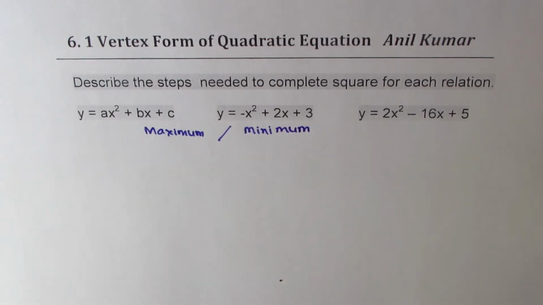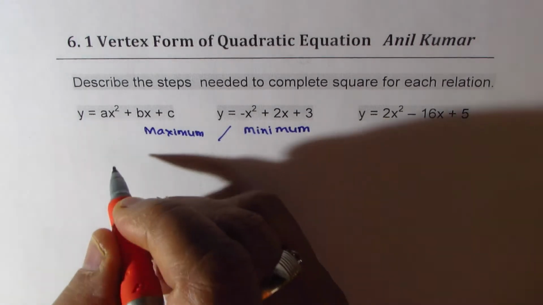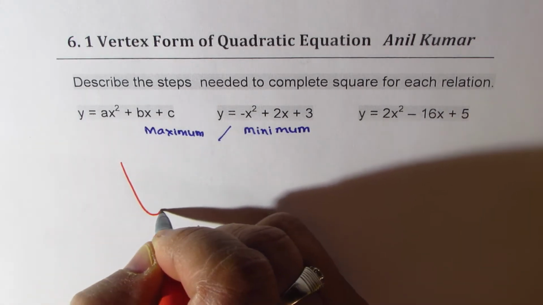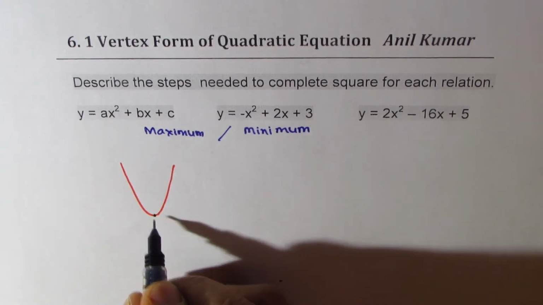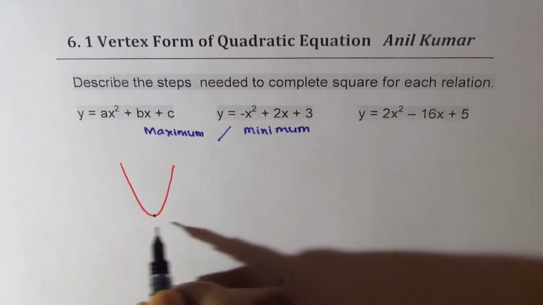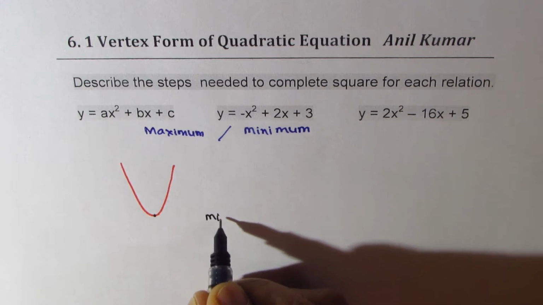So if you have a parabola which is opening upwards, in that case we have at the vertex a minimum value.